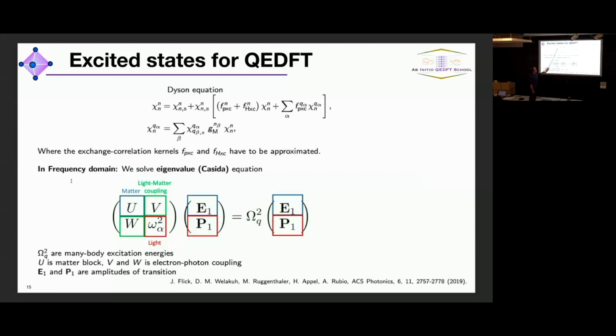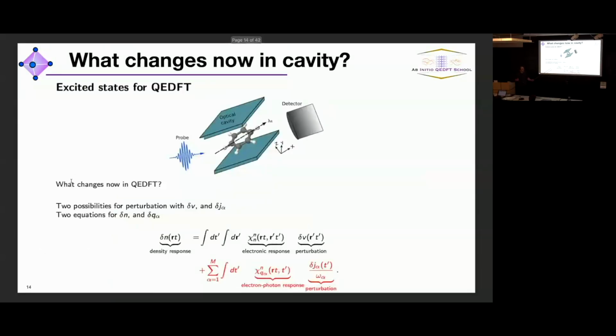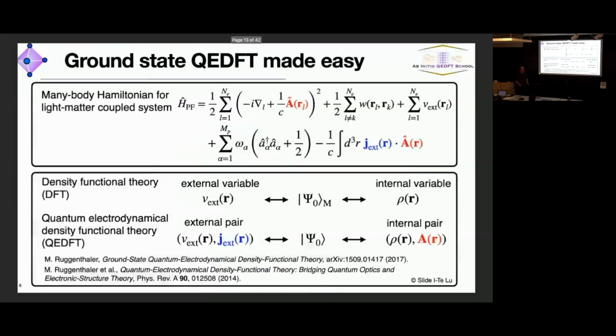And now additionally, here I looked only at the response of the density. So we have the same set of equations now, but for the photon quantity. If we were in the momentum gauge, the other quantity is the A, right?